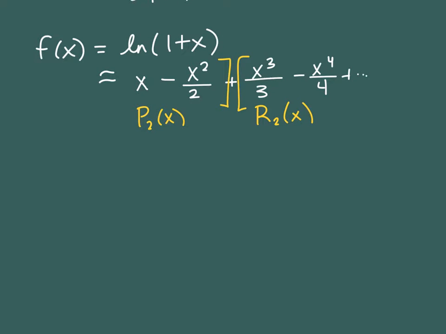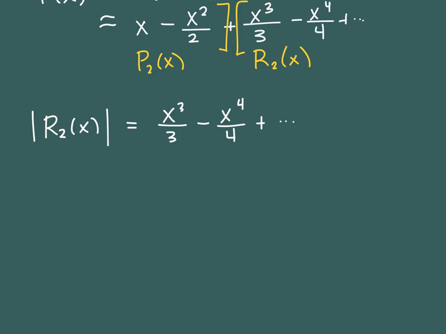So our remainder, the absolute value, so the error is going to start with, if you can't factor out anything.